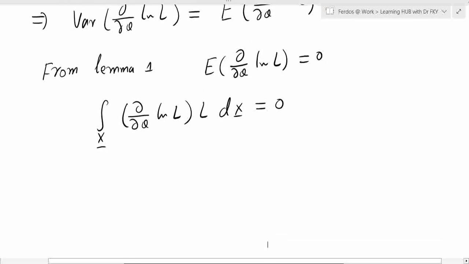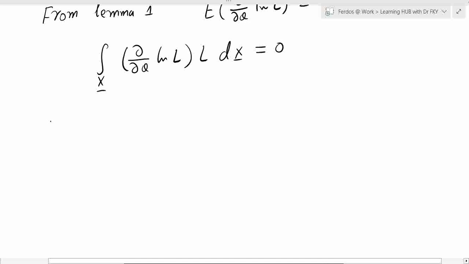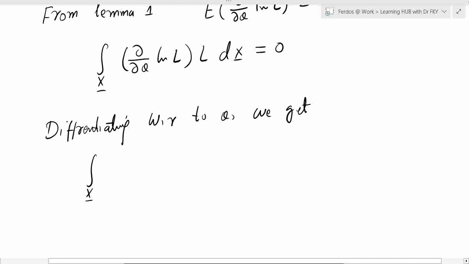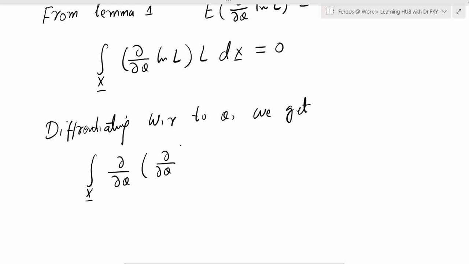Differentiating with respect to theta, we can differentiate this, that is, the partial derivative with respect to theta of the partial derivative of natural log L, and then L. So this is the thing we need to differentiate with respect to theta, and that is equal to 0.